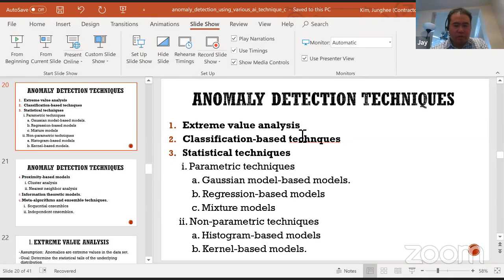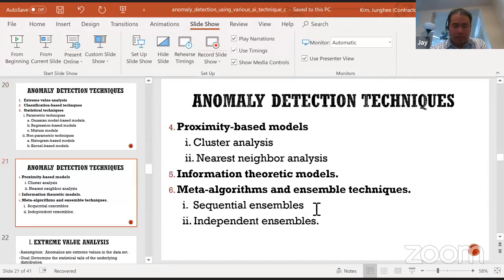If just a few values are very different from the main values, then there may be anomalies. Secondly, as I introduced a little bit earlier, classification can help. And thirdly, we can use some statistics to detect anomalies. There are many techniques, so I will talk about that a little bit later.